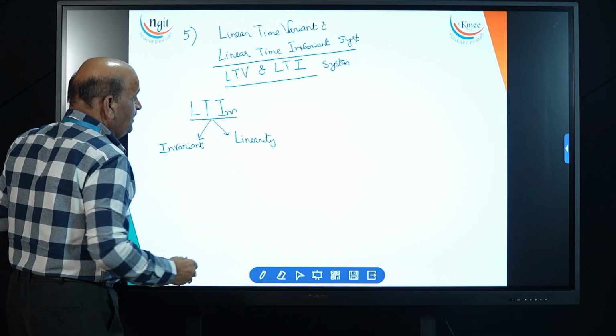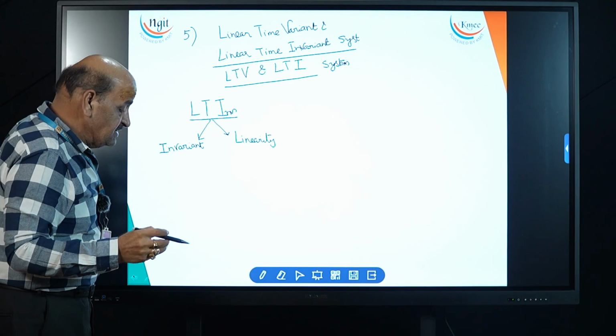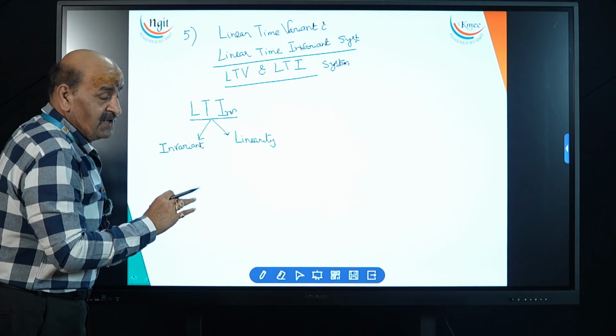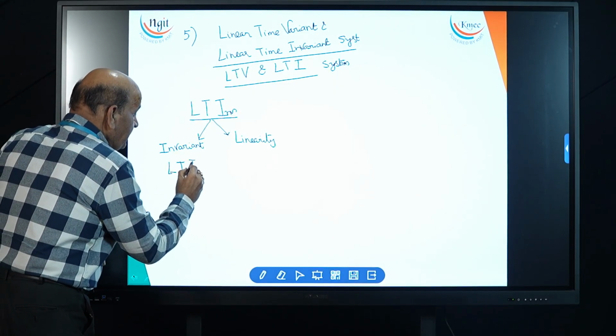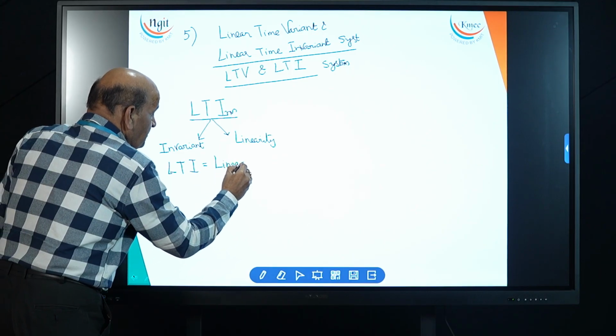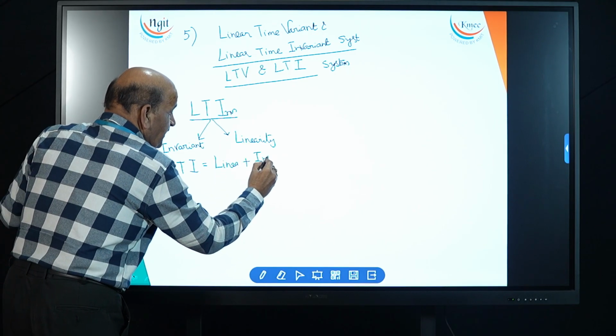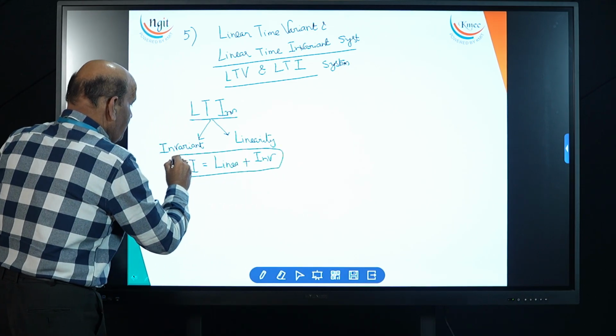Linear time invariant contains 2 subtopics. That means linear time invariant systems equal to linearity property plus invariant property. This is linear time invariant.